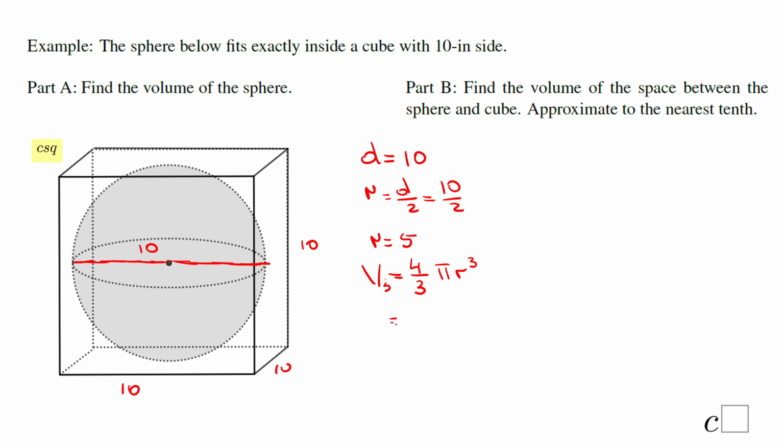So it's going to be 4 over 3 pi 5 cubed, which is 4 over 3 pi times 125. So the volume will be 4 times 125, 500 pi over 3. I'm going to keep it like that.